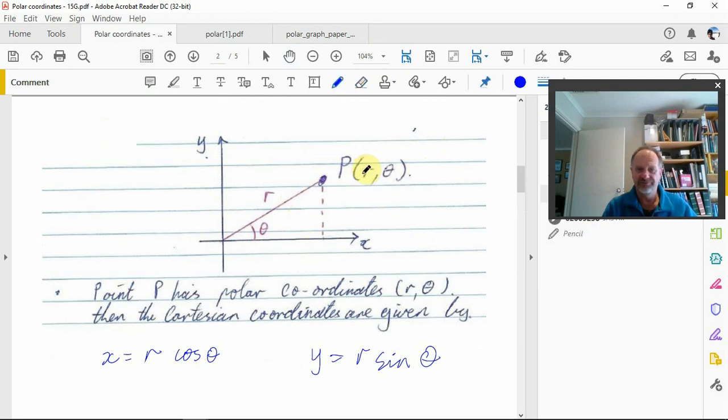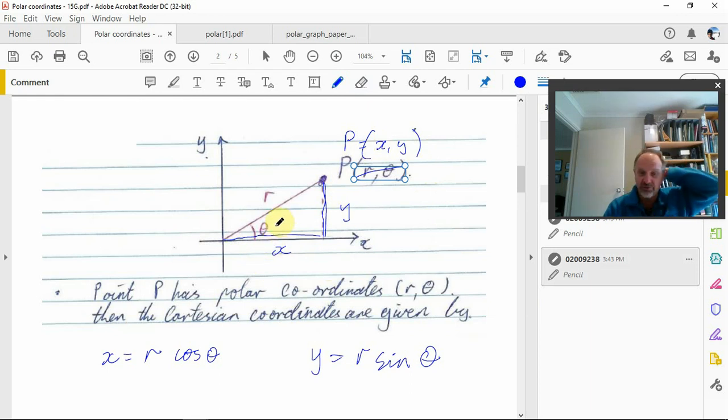And so if instead of r, theta, P was x, y, then this length, the adjacent, is our x value, and our opposite is our y value. Then looking at this triangle that I had drawn before, we can work out our r and our theta in terms of our x and our y values.